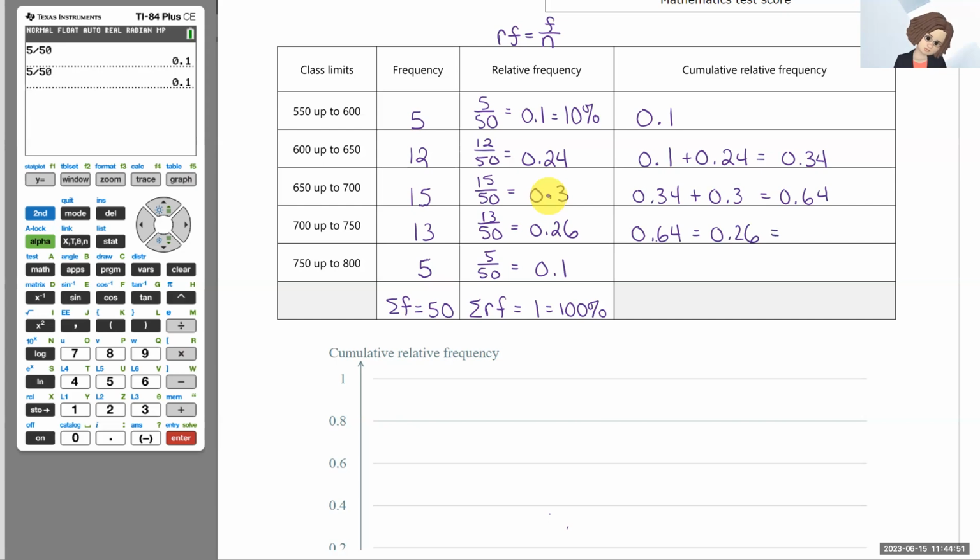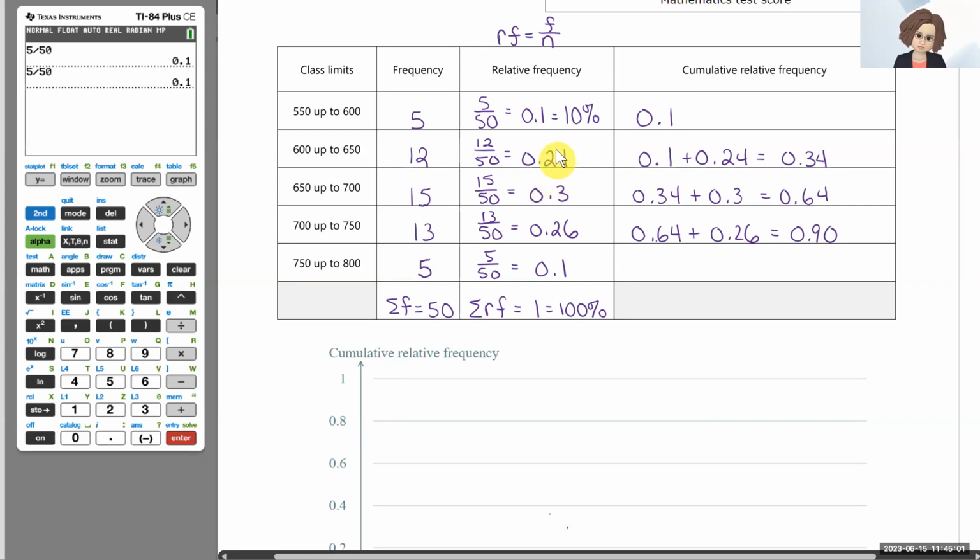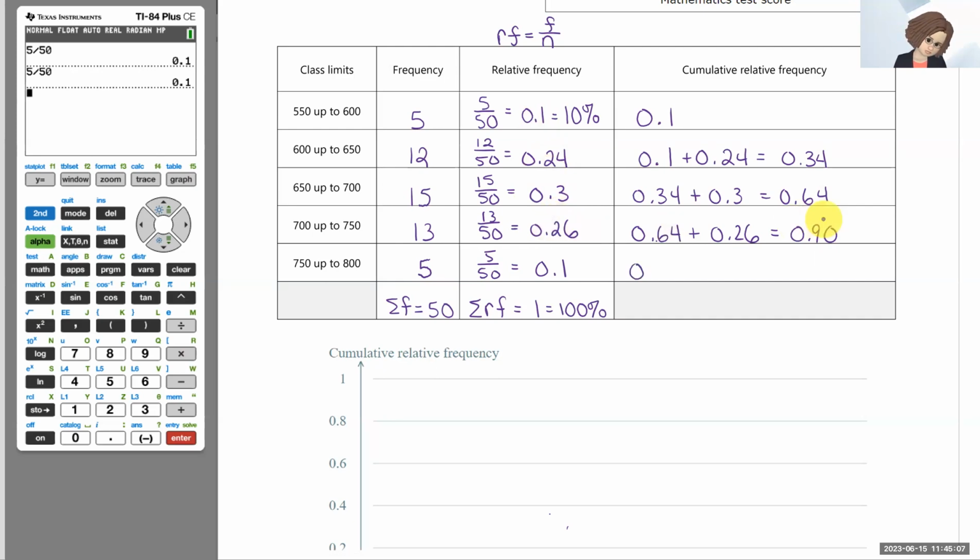And now, oops, that's a plus, sorry, plus. That brings me to 0.90. So now we've added all of the relative frequencies so far up to 0.9. And finally, when we get to the last group, adding in the last 0.1 will bring me to 1, or again, 100%.